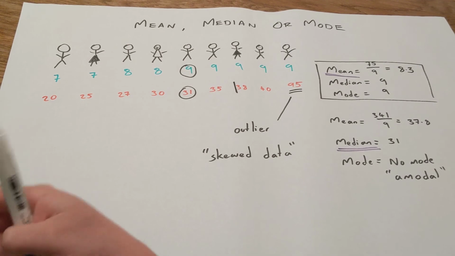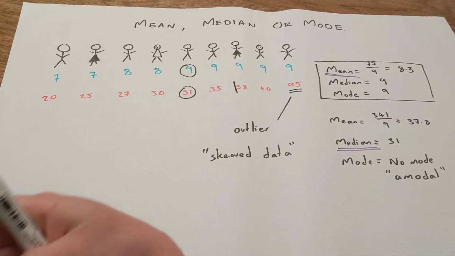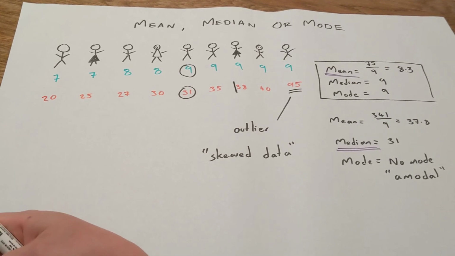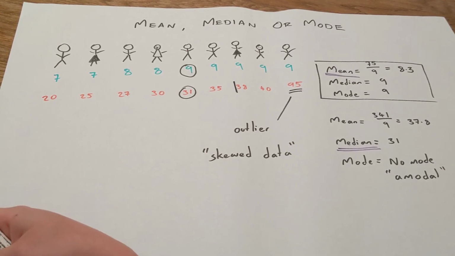You can only use the mode if you're going to have multiple values the same. And the time this comes up most often is when people are given a choice of options to choose from. And this happens when the data isn't numbers. If instead we asked each of these people how they got to school each day, then we could use the mode.